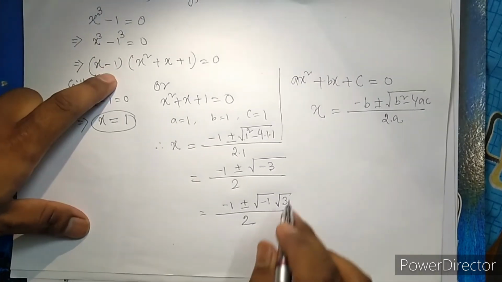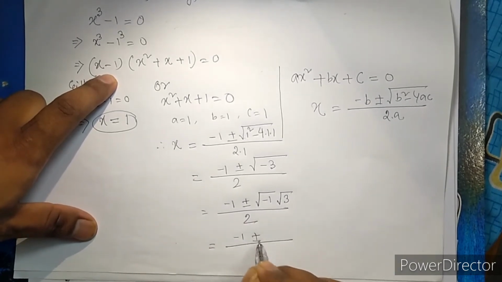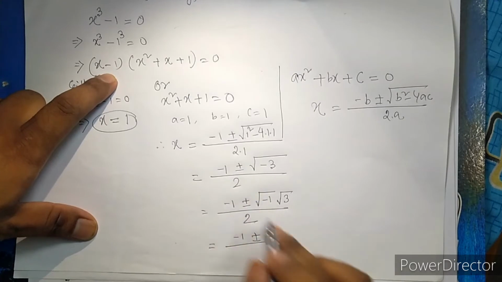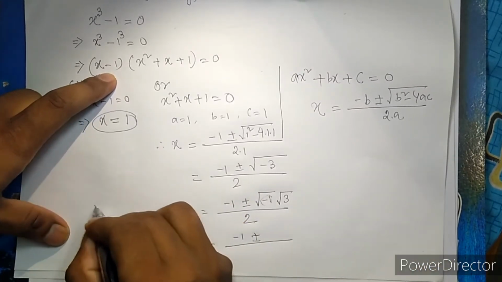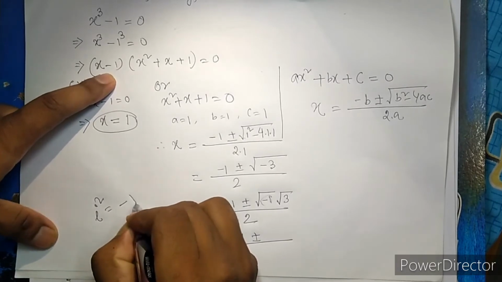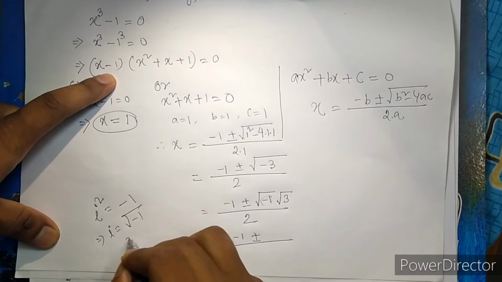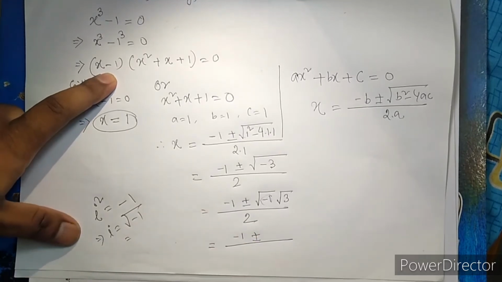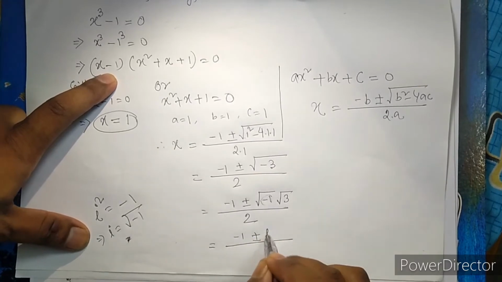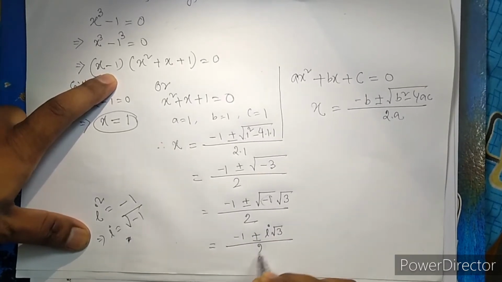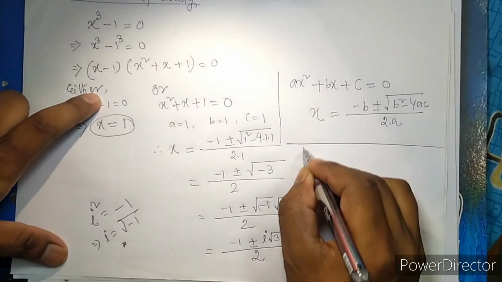As we have discussed in the previous class, root over minus 1 means i, so i square means minus 1, so i equal to root over minus 1. So we have minus 1 plus minus i root 3 divided by 2.